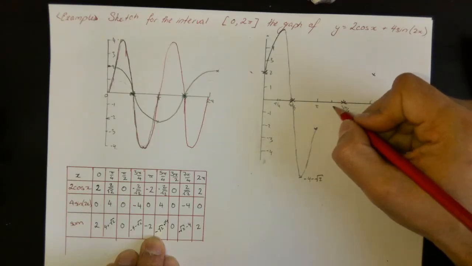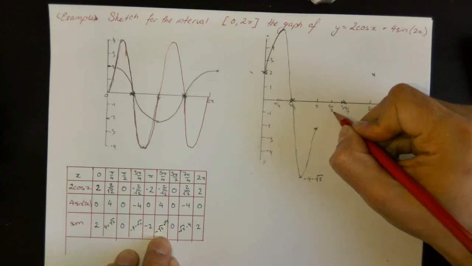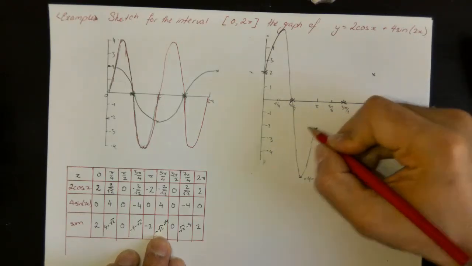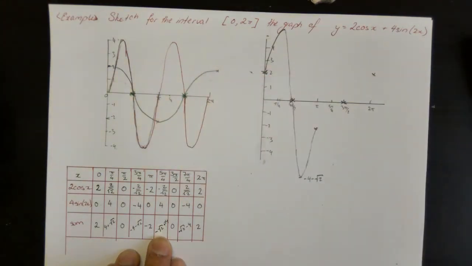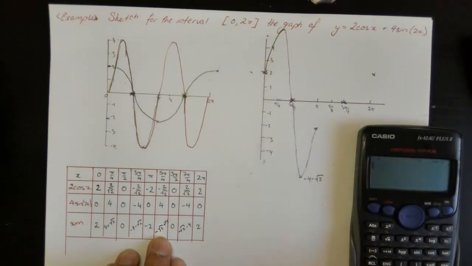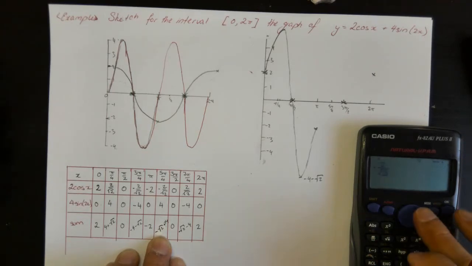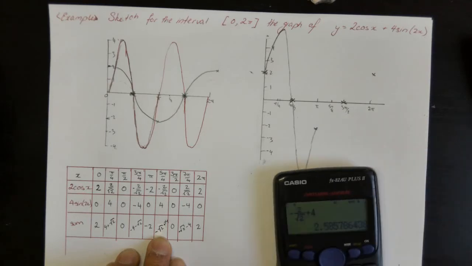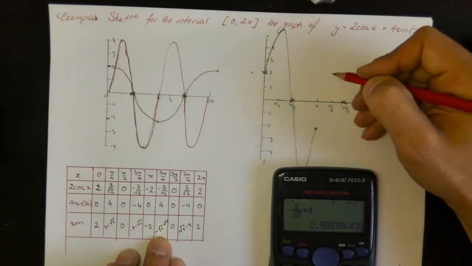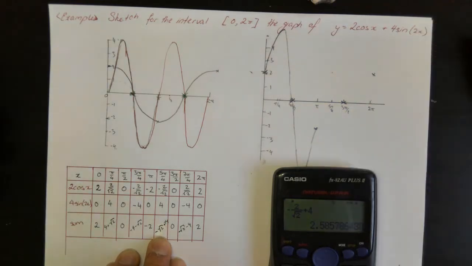So then we've got 5 pi on 4. Which is negative 2 over square root 2 plus... so we get... just want to double check that value.